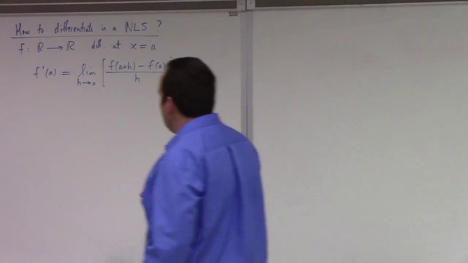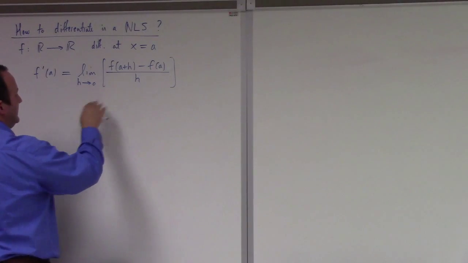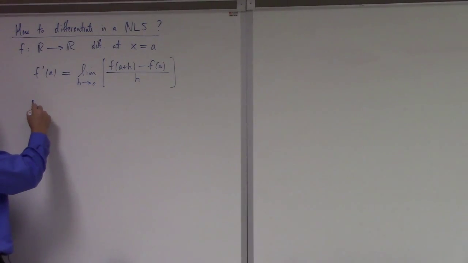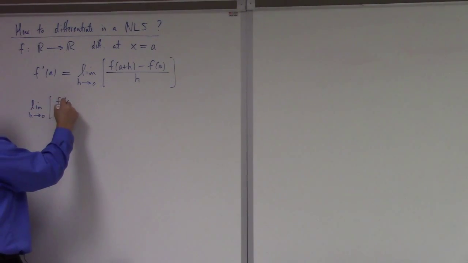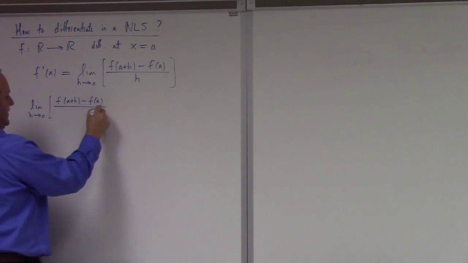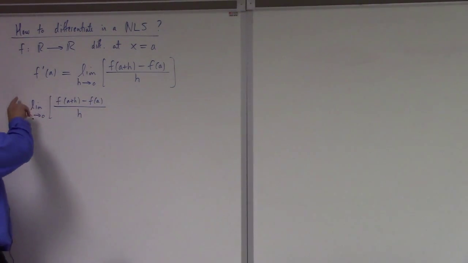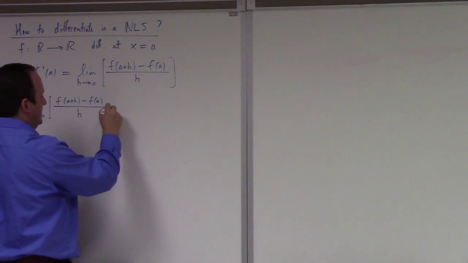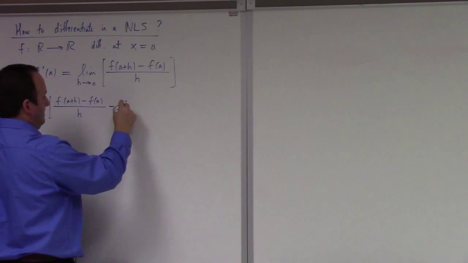Now, let's see here. We can rewrite this as follows. This is really the same as saying the limit as h goes to 0 of f of a plus h minus f of a divided by h, and if I subtract f prime of a to the other side, I can do this.